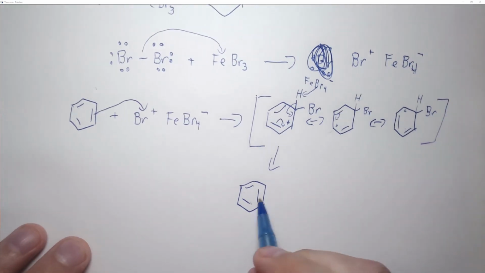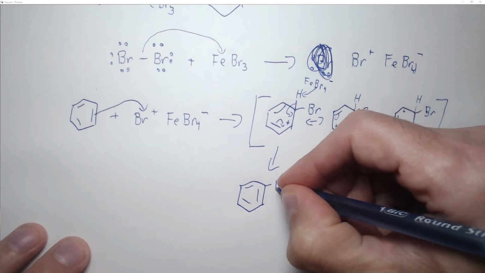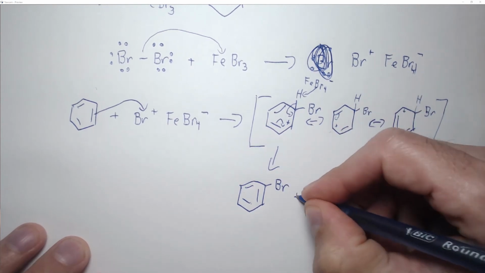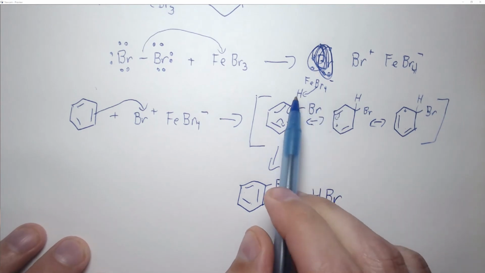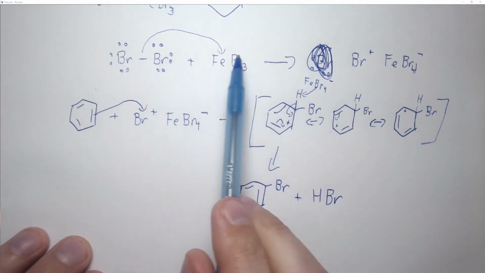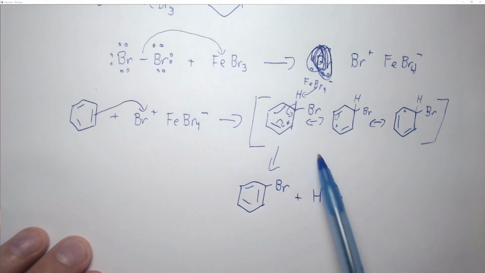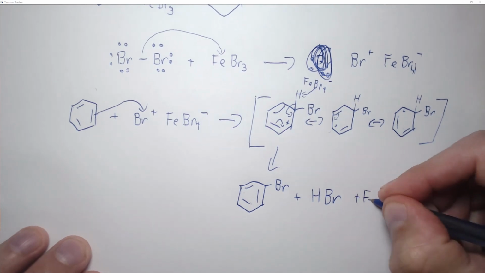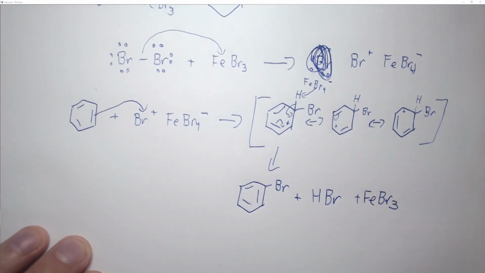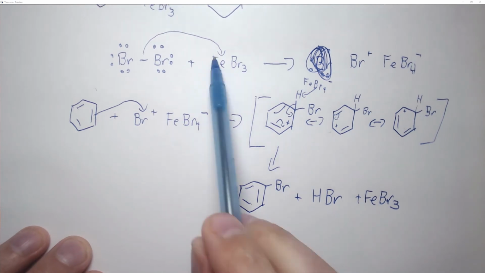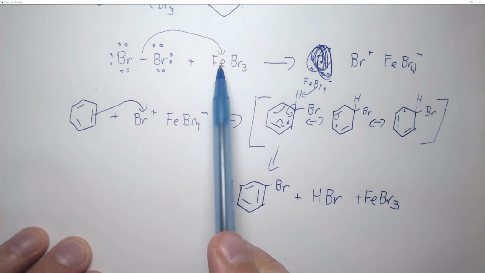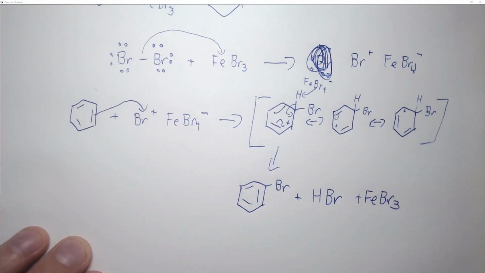So this is especially stable, and we end up with the Br here plus HBr plus FeBr3 if you prefer, because that's just basically showing that it's the catalyst. We had it at the beginning, and if you want, we get FeBr3 again. No one really cares, I guess, if you write this. I mean, it's technically correct that you put this here because then you show it at the beginning and the end. So therefore, it's a catalyst.